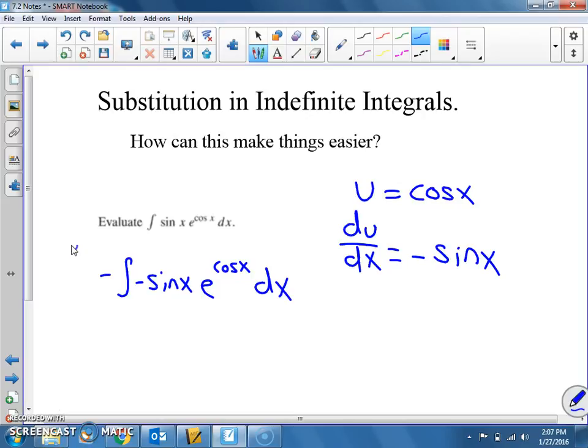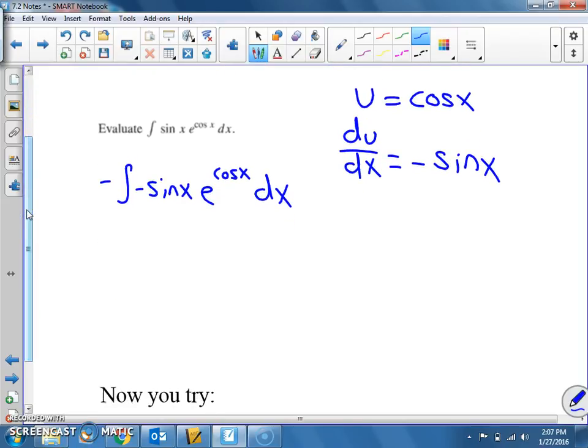Okay. So now I'm going to rewrite it in terms of u and du dx. So I'm going to have negative integral of e to the u, and I'm going to just switch these here. I'm just going to write them in different spots. So I'm going to write the e to the cosine of x first and the negative sine of x second.